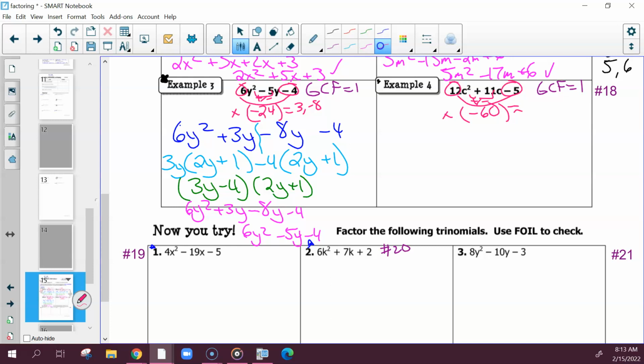Sixty has a lot of factors. 4 and 15. And which of those is the negative? The 4 would have to be negative because our 11 is positive. If we made the 15 negative, we'd have a negative 11. So one of them is negative, and it's the smaller of the two.